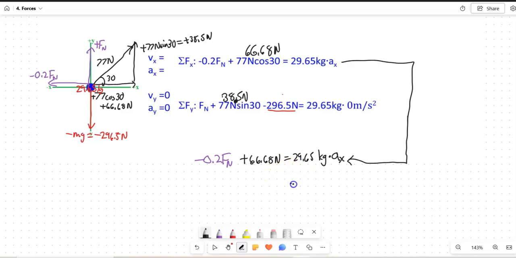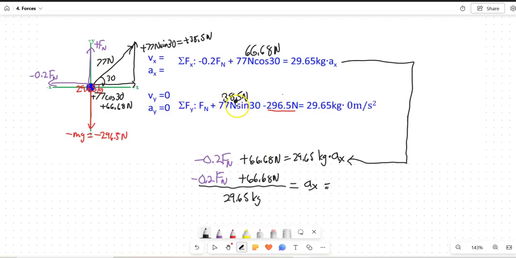All right, to find the acceleration in the x direction, it looks like we have to divide both sides by 29.65 kilograms. But we can't do that right now because we have a normal force in our equation. So we have to figure out what that normal force is. Okay. And when we do that, we'll be able to solve for it.